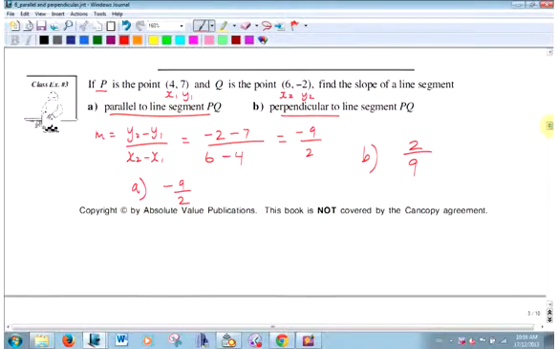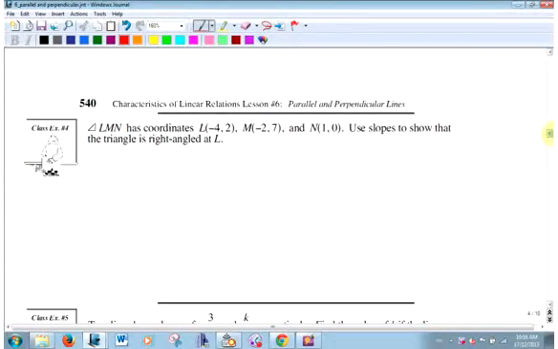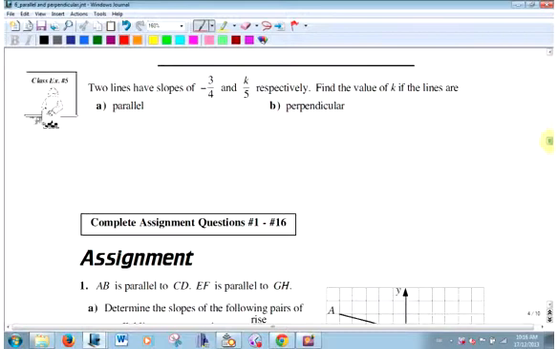Okay, one more. This is the tricky one. Because if you cheated yourself yesterday, like I was saying, and you didn't actually use the formula to solve, today is going to be that much harder. Two lines have these two slopes, respectively.